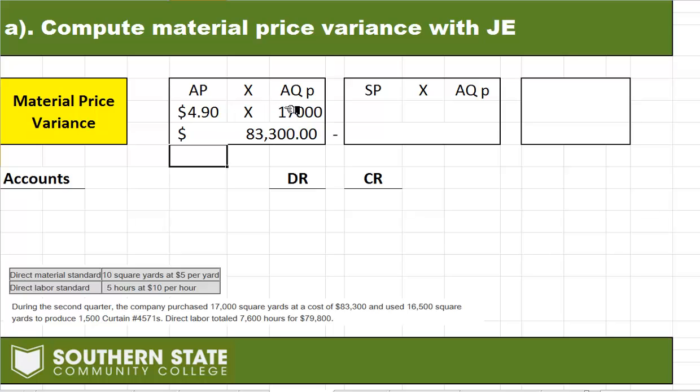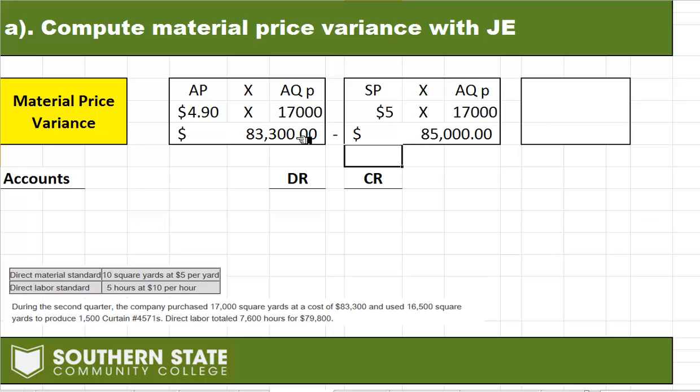So let's compare that to the standard. The standard price that we expected to pay was $5 a yard, and we see that right there: direct material standard, $5 per yard. We multiply that by the actual quantity purchased, 17,000, and 5 times 17,000 equals $85,000. So we expected to pay $85,000; that's our standard.